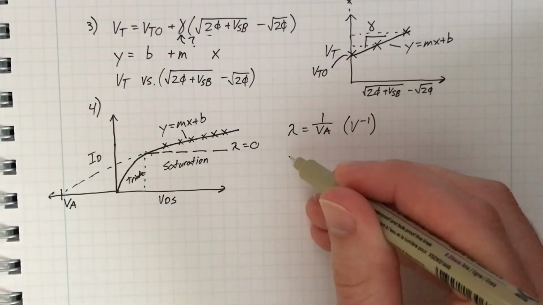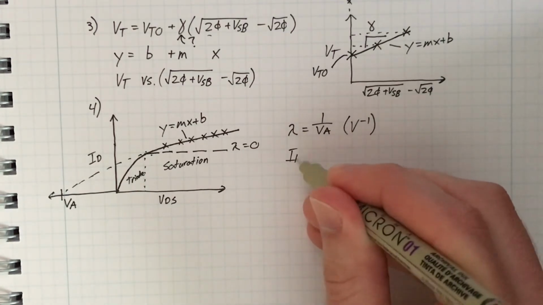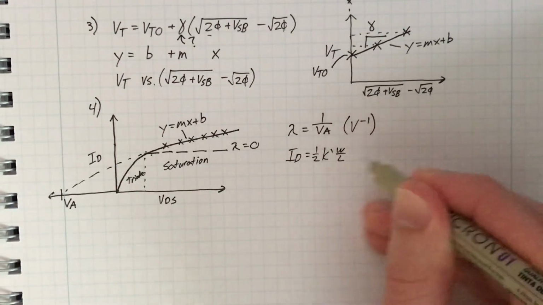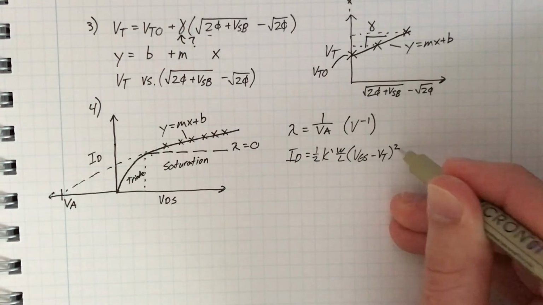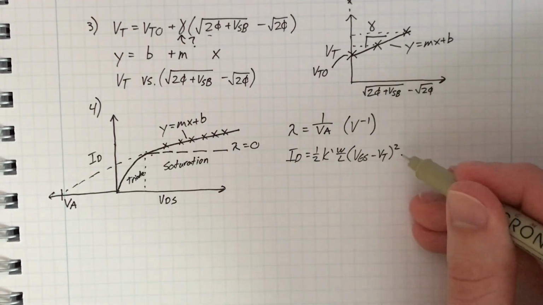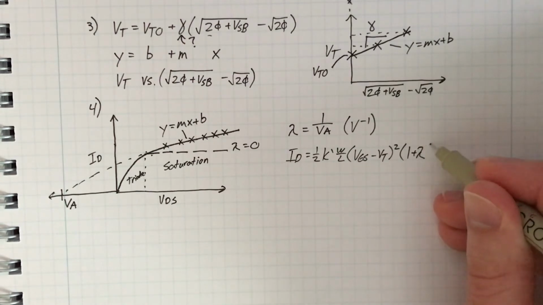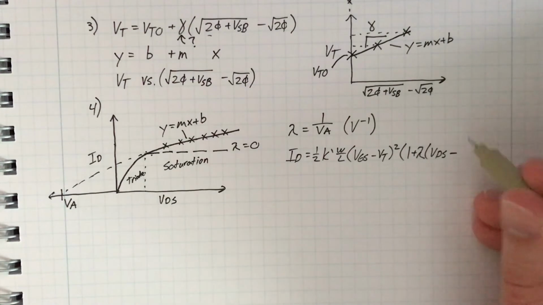And this goes back into that transistor equation, ID equals 1/2 K prime W over L times VGS minus VT squared. And when you account for channel length modulation, times 1 plus lambda times VDS minus VDS sat, which is VGS minus VT.